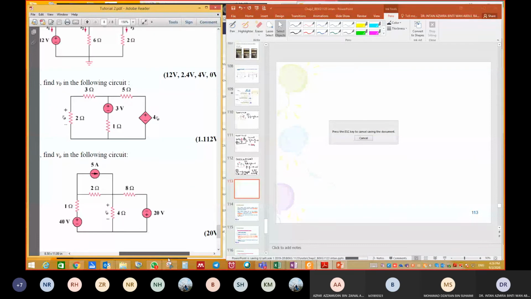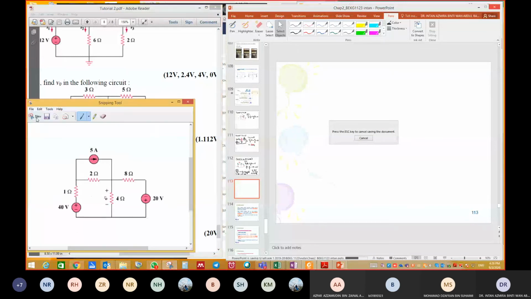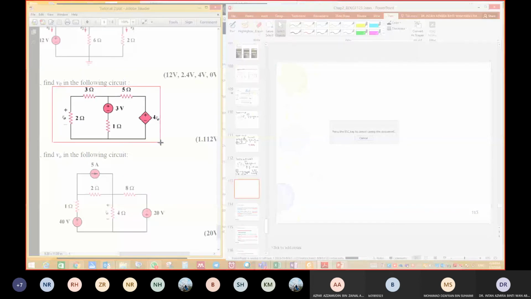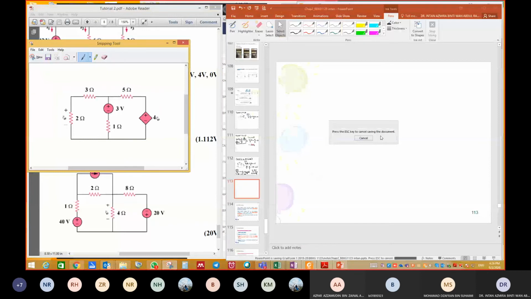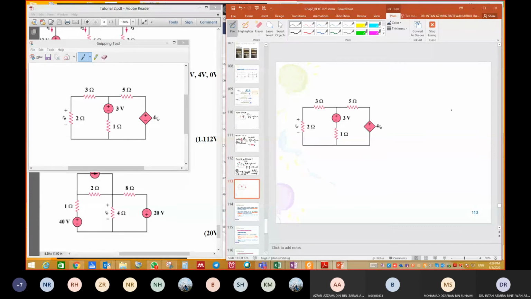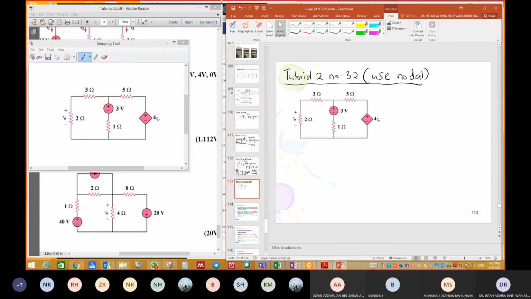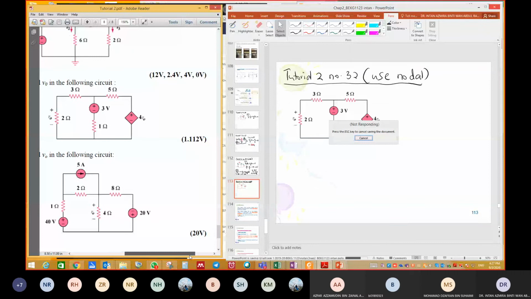Number 32. Okay, let's try it now. The answer is 1.112.